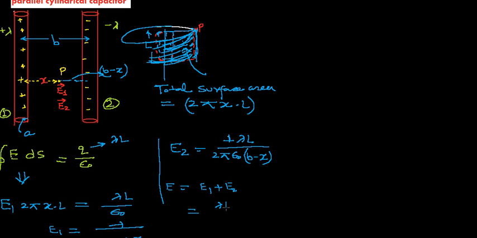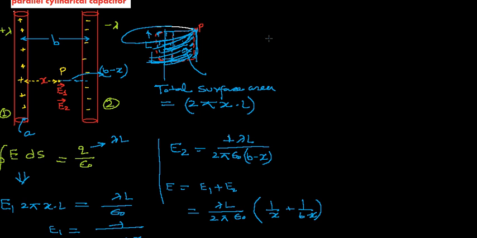Take the constant out: lambda L over 2 pi epsilon naught times 1 by x plus 1 by b minus x. This is the total electric field.